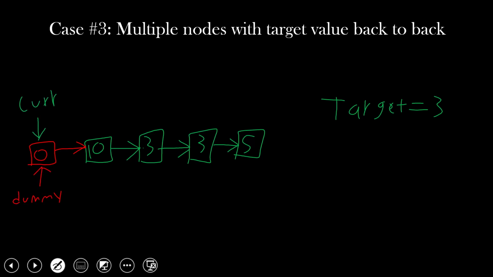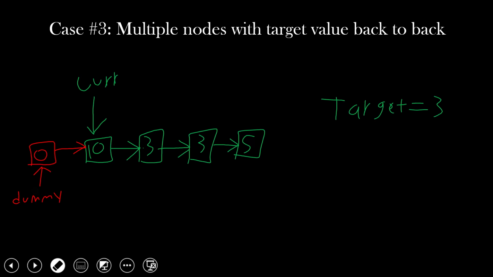As always, first thing we have to do is check whether current.next is equal to the target. The answer is no, it's not. Current.next is 10, so we move on. We've advanced current one spot, and we ask ourselves again, is current.next equal to the target? And we see, yes it is, so like we did before, we're going to set current.next equal to current.next.next.